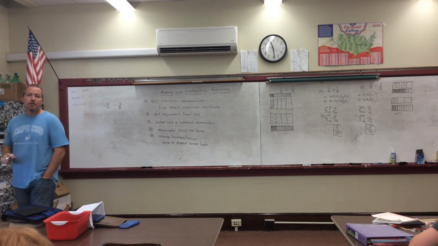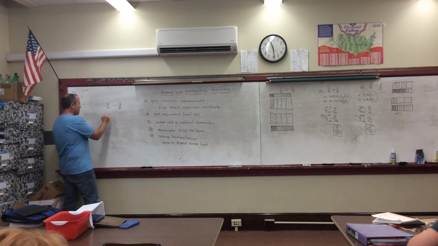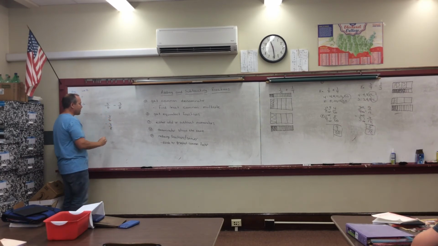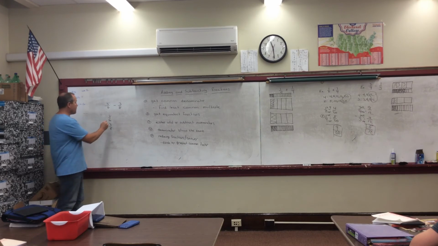Okay, Evan? So now, if we were to write up and down, you'd have 5/6 minus 3/8. Now you're saying if we multiply the 6 and the 8 together, that equals 48.